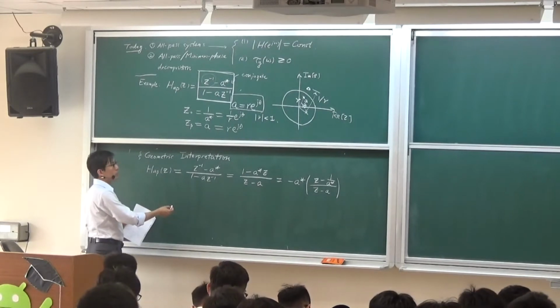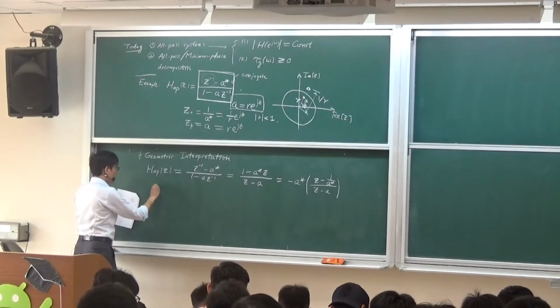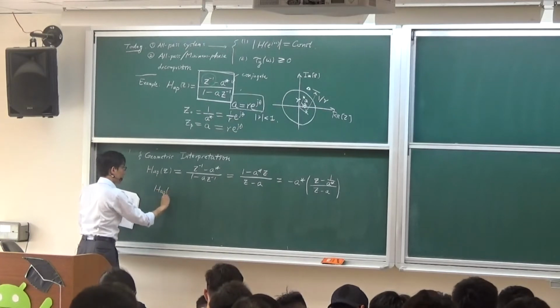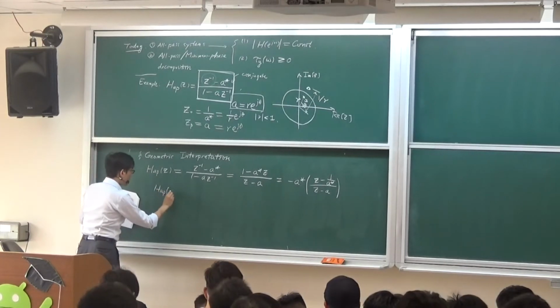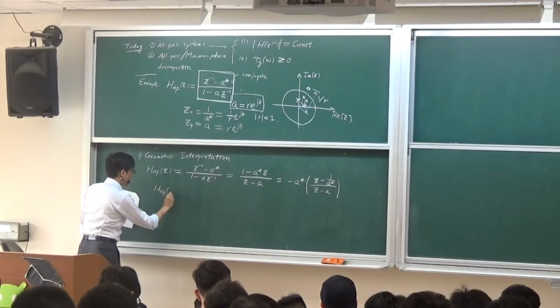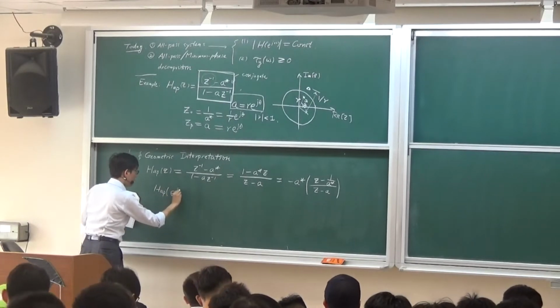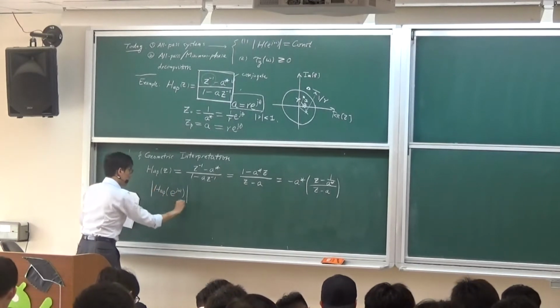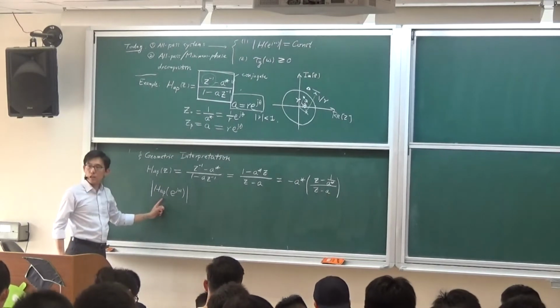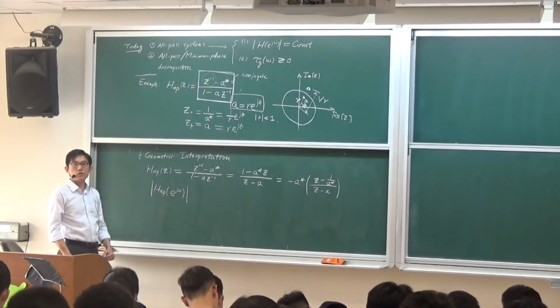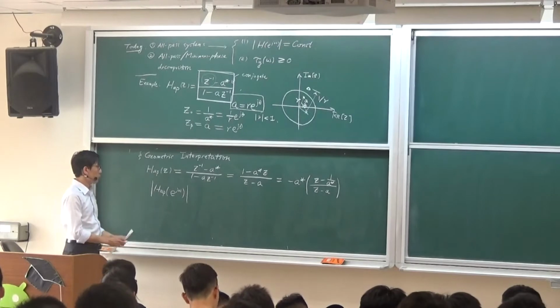Okay, so now let's talk about the gain, the magnitude response. Let's evaluate the system function on the unit circle. That gives us the magnitude response.